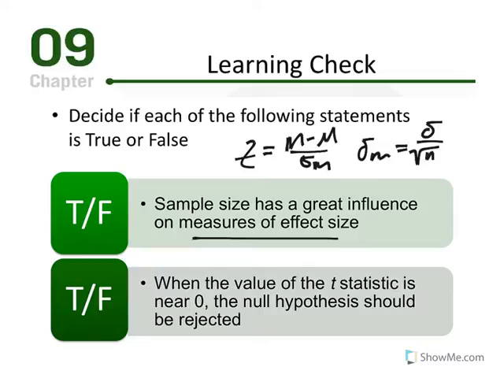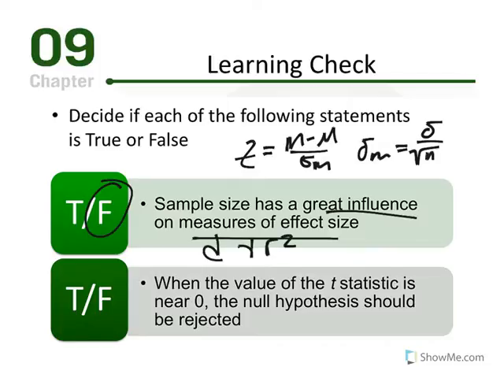More precisely and more specifically, Cohen's d and r squared. So since those were created to address the negative influence of n, we would conclude that the statement that sample size has a great influence on measures of effect is false. We're eliminating the influences of sample size when we calculate d and r squared.